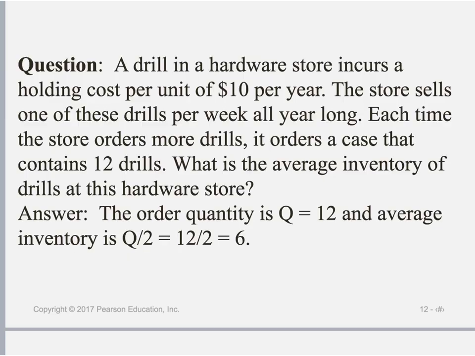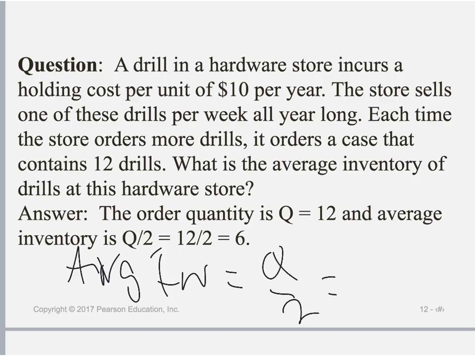You have a lot of information thrown at you; we'll use it all in later examples. But remember, average inventory is equal to Q over 2. Every time you place an order, you get 12 drills, so it's 12 over 2, which gives you 6.